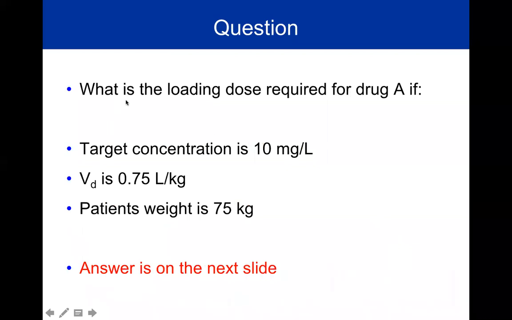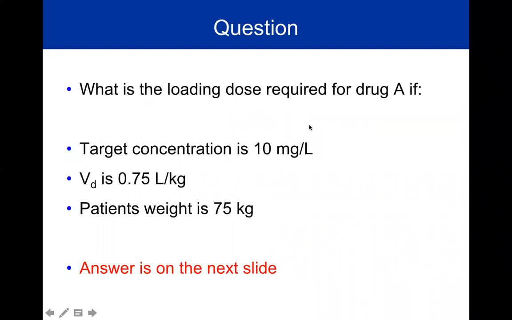So here there is a question: what is the loading dose required for drug A? If the target concentration is 10 milligram per liter, the volume of distribution is 0.75 liter per kilogram, and the patient weight is 75 kilogram. We are asking about the loading dose.